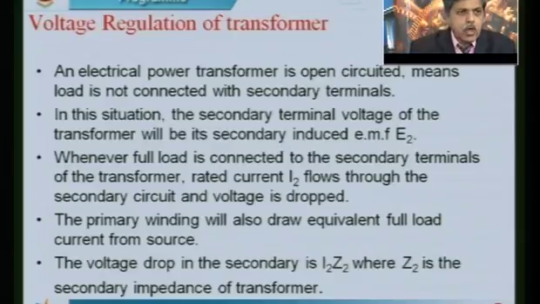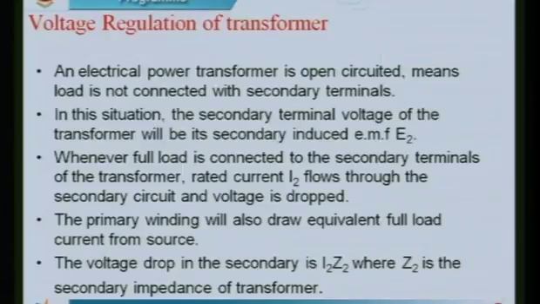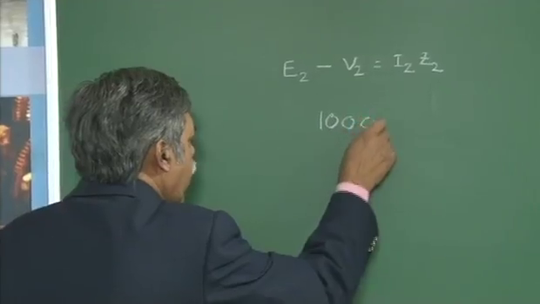Now as you consider this load on the transformer, there will be a condition where the current given by the secondary winding to the load will be equal to the rated value. So for example, I have a transformer which is rated at 1000 volt amperes.